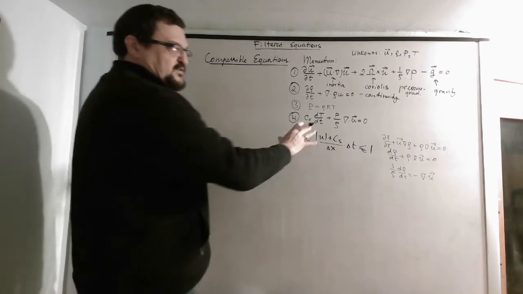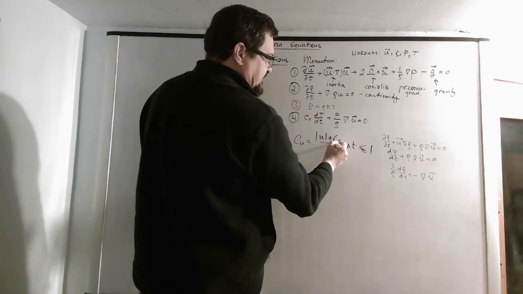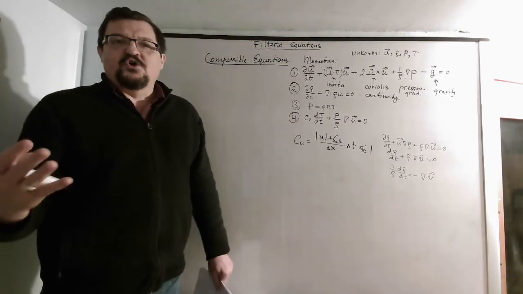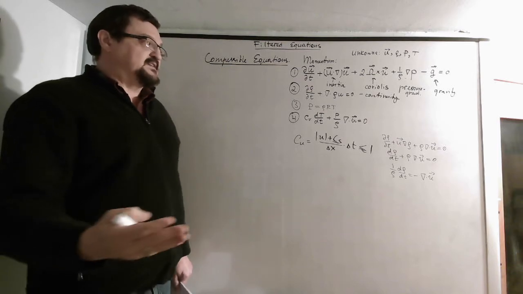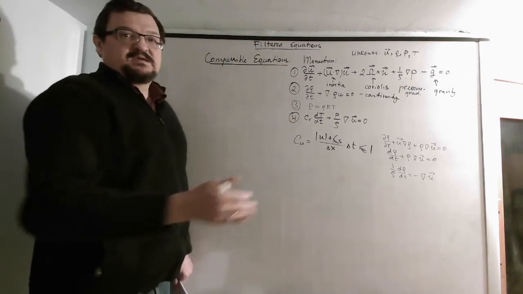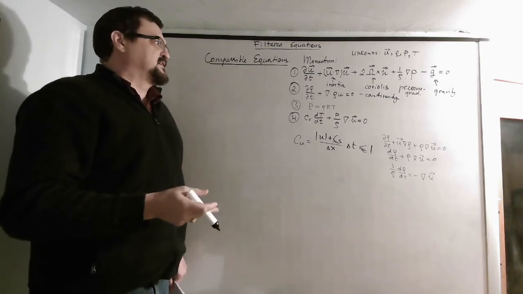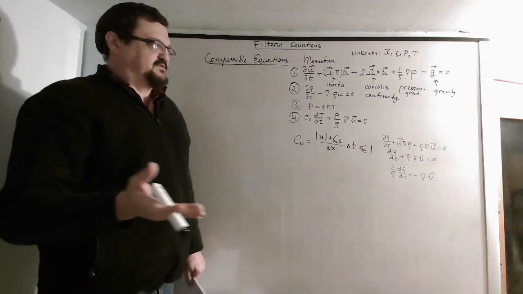But it's all very limited, and it's limited by this speed of sound, which again has no meteorological significance. So this system would make sense to solve when you, say, simulate flow in a rocket engine, for example.